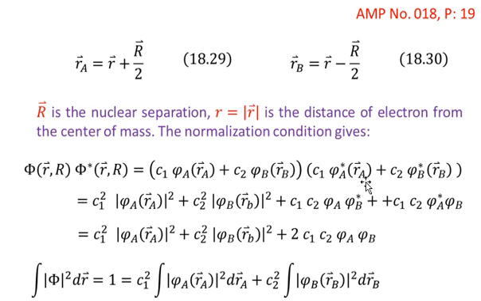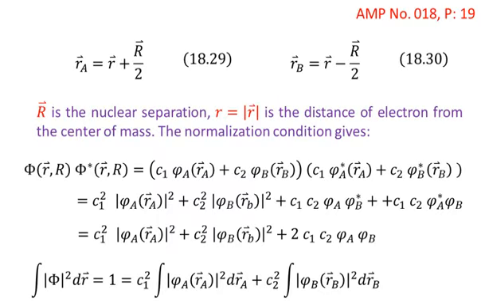Now you can multiply these two simply on the right hand side, and you have C1 square into the absolute square of phi A plus C2 square into the absolute square of phi B plus C1 C2 into phi A and phi B star plus C1 C2 into phi A star and phi B. We can write the first two terms exactly in the same way as above, and the last two terms can be combined together to give you 2 C1 C2 into phi A into phi B.